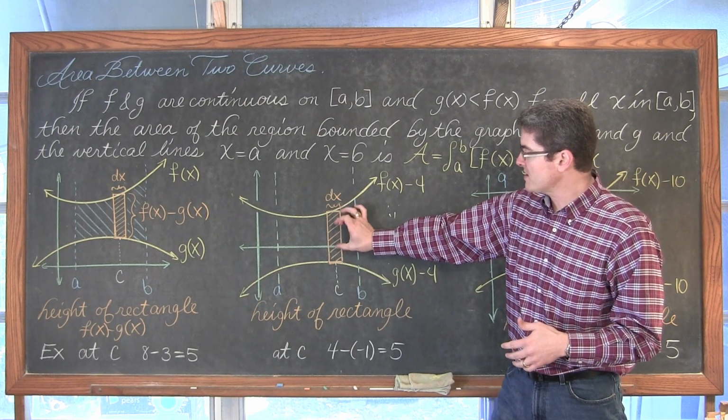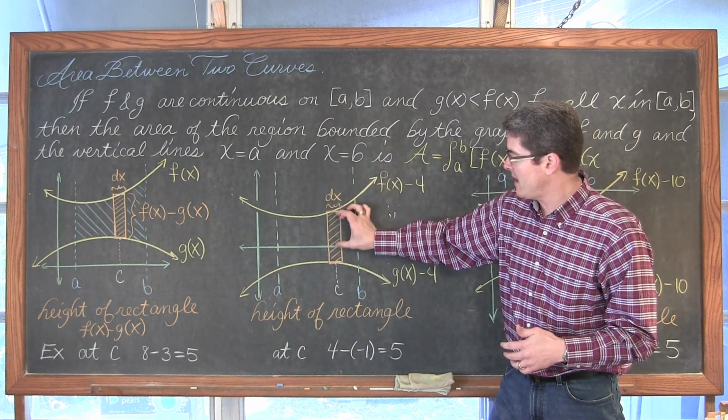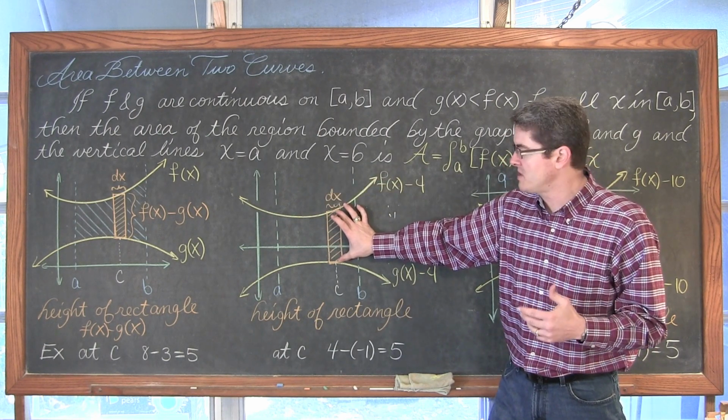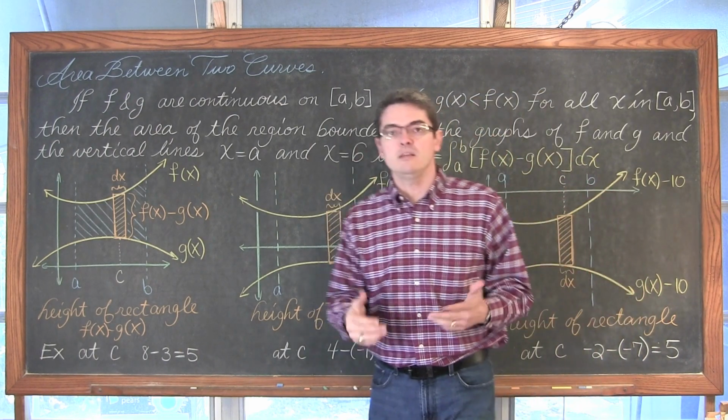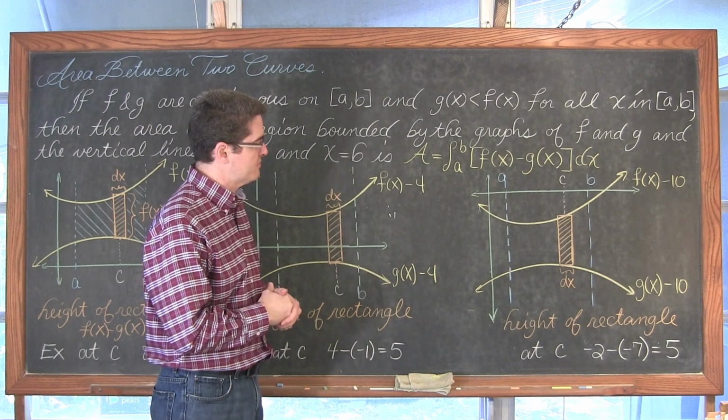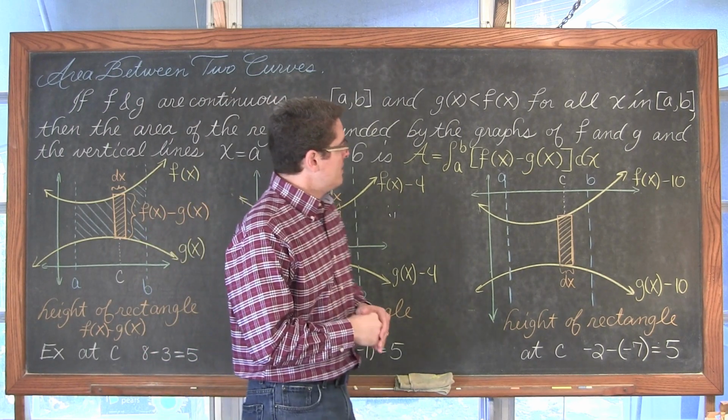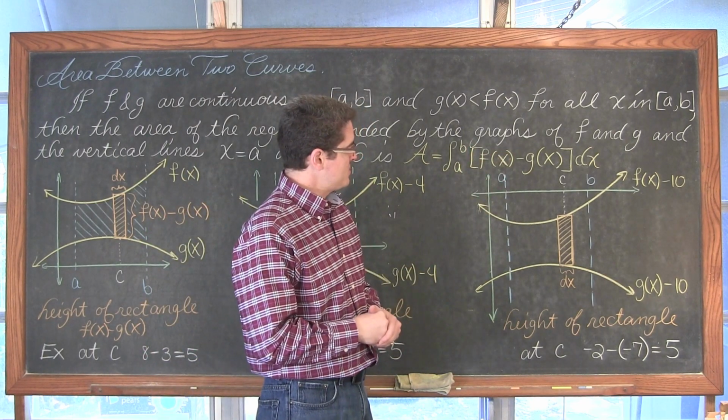So that rectangle will still have the same width, and at least at the value of c, trying to match all these graphs up, we have a height of 5, and thus we can see that the area would still be positive between these two graphs, as long as f of x is always greater than g of x.